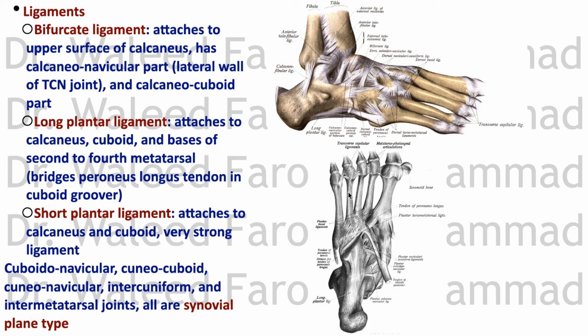Now the rest of the joints, like cuboideonavicular, cuneocuboid, cuneonavicular, intercuneiform, and intermetatarsal joints, are all synovial of the plane type, and all have dorsal and plantar ligaments as thickenings in their capsules.